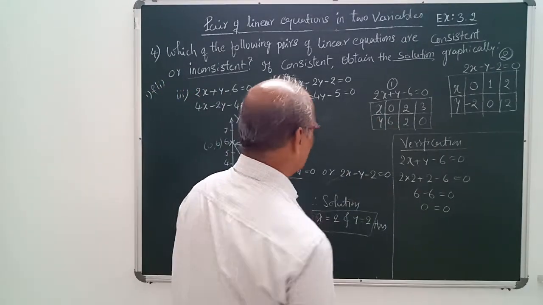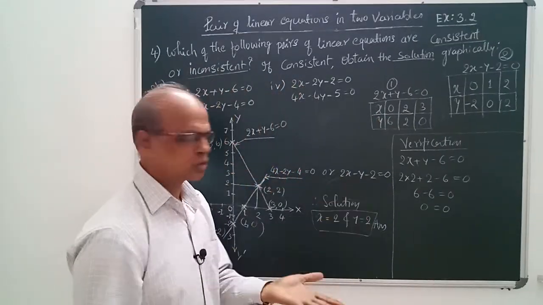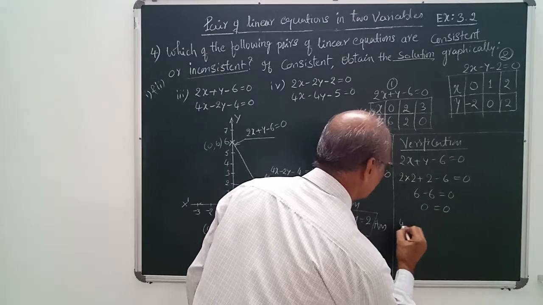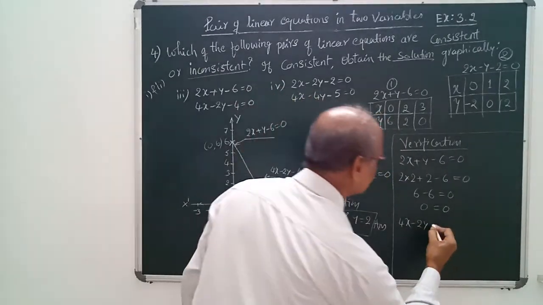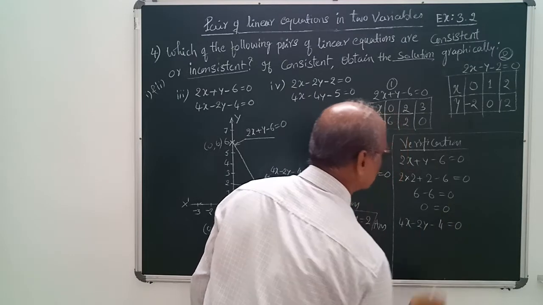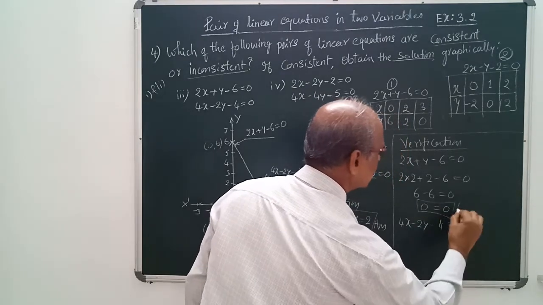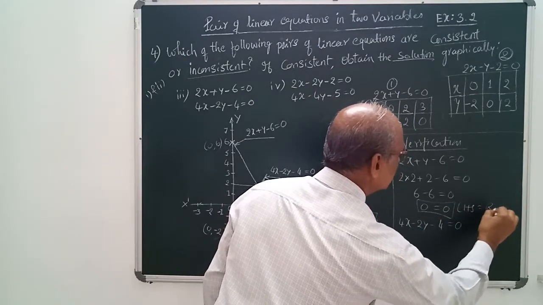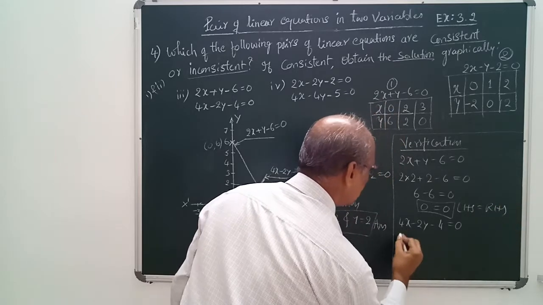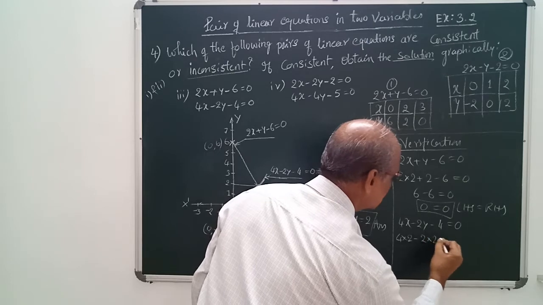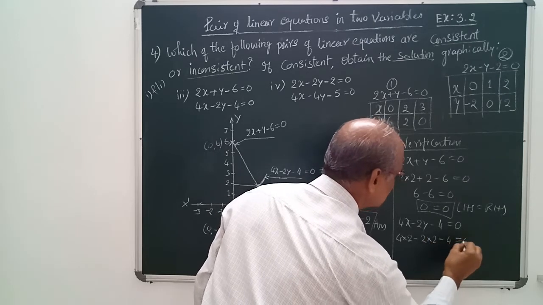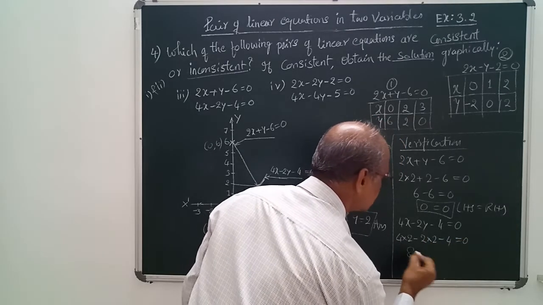Even for the second equation, you can take this equation or this; both should be the same. So the second is 4x minus 2y minus 4 is equal to 0. So 4 into 2 minus 2 into 2 minus 4 is equal to 0. 4 2s are 8.